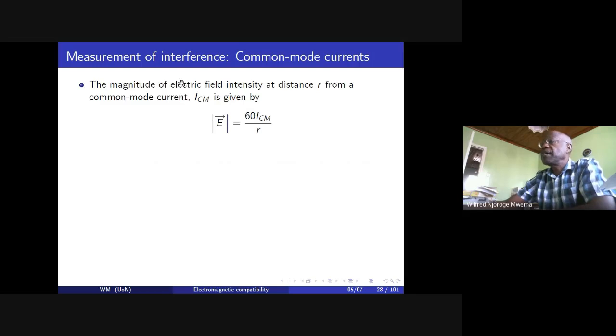So the magnitude of the electric field intensity at a distance r from a common mode current, where we are now going to assume that we have a far field kind of effect, where the radiation or the intensities are varying no faster than 1 by r, as you recall from our antenna theory, is going to be given by 60, coming from the eta, if you recall, divided by 4 pi r, then ICM divided by r.